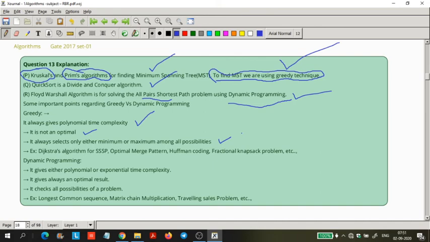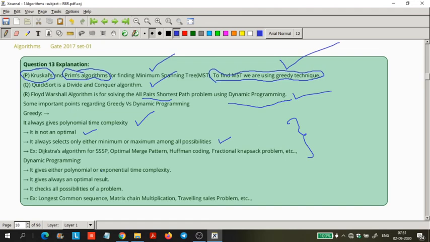Dijkstra's algorithm for shortest path finding, optimal merge patterns, Huffman coding, and the fractional knapsack problem all use this greedy technique.